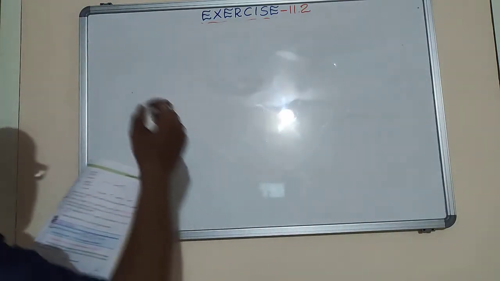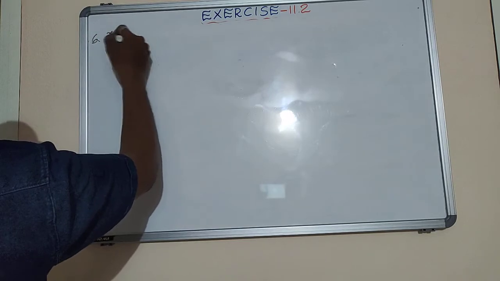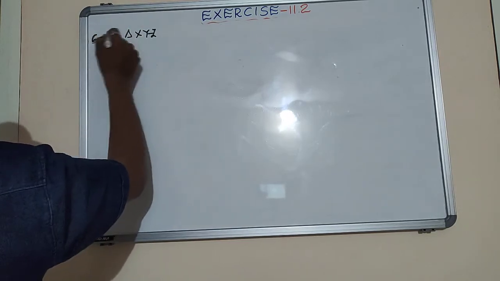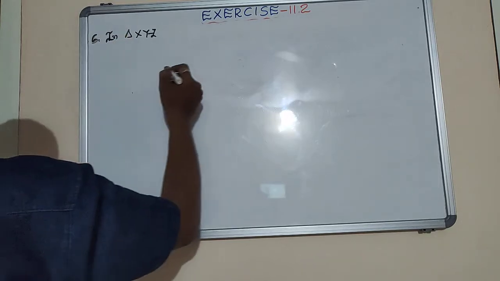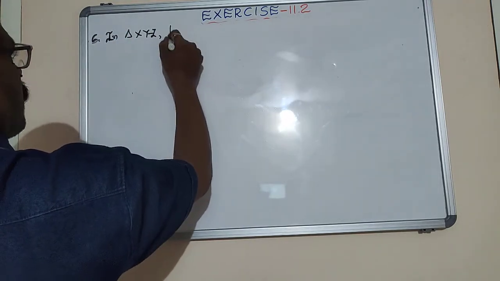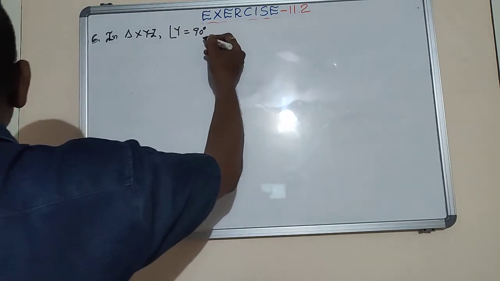In triangle XYZ, right angle is at Y. That means angle Y equals 90 degrees.